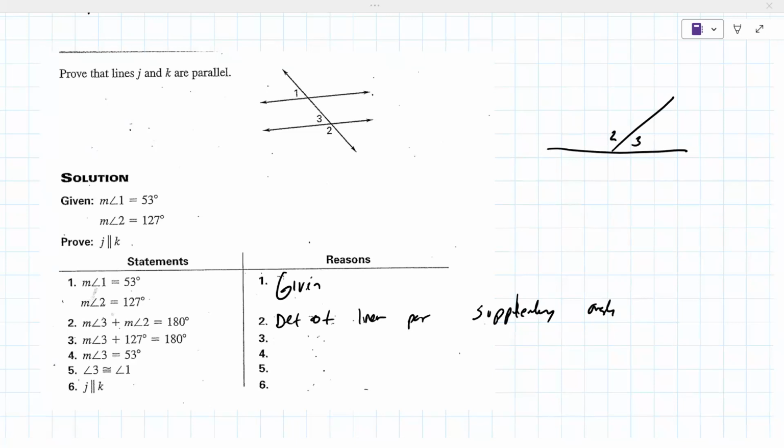The word. Okay. So now that you've got that kind of down, what is the difference between line 2 and line 3? 127.